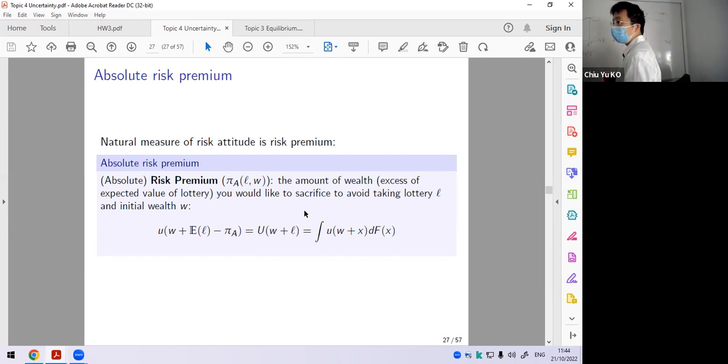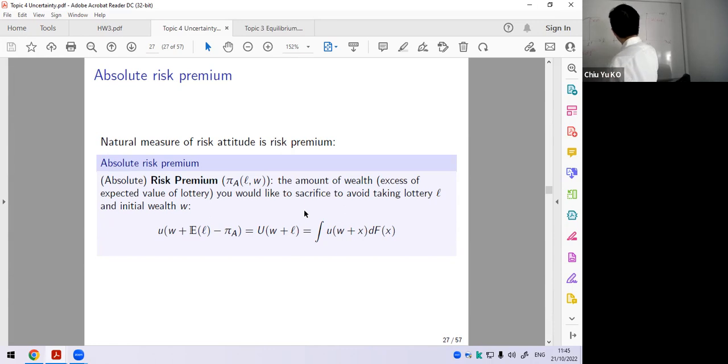So what is the risk premium here? Go to the left-hand side, go down. You get here the same utility, right? And this is the risk premium. Because compared to the expected lottery, you need to pay this guy.